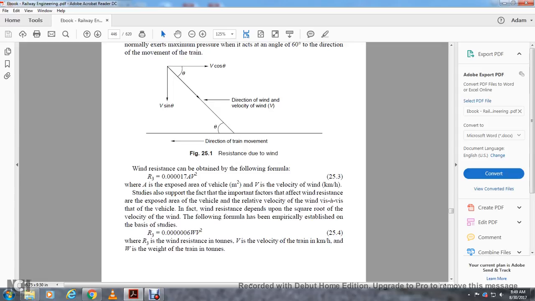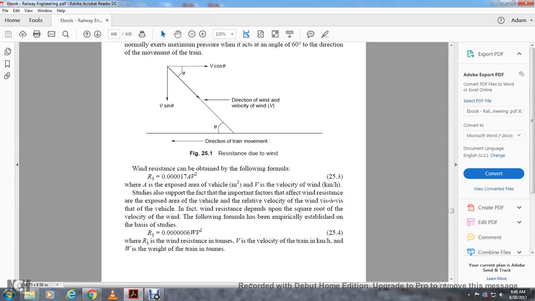The resistance is obtained with the following formula: R3 is equal to 0.000017 A V, where A is the exposed area of the vehicle in meters squared, and V is the velocity of the wind in kilometers per hour.